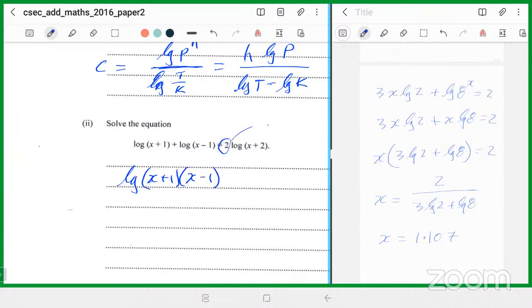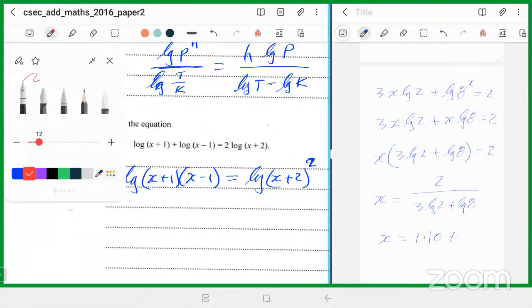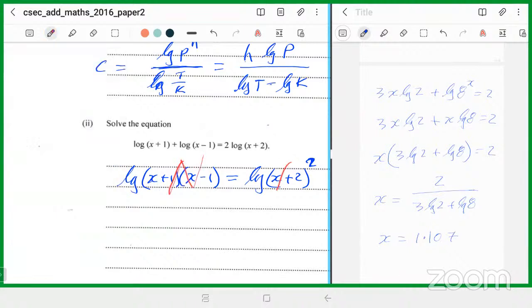And this 2 comes up here to become the power. So it becomes equal to the log of x plus 2 squared. You have to know the laws of logs. These things just become easy when you know the laws of logs from left to right and from right to left.